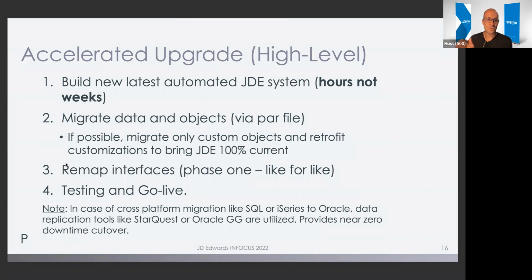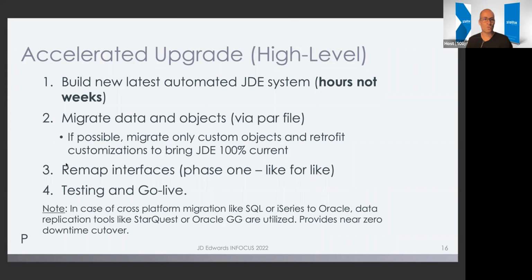So that cuts down on that whole timeline up front that's required to do that traditional setup. Then in terms of actually getting your code across, we take an approach of not doing the traditional upgrade tasks where you would run through a planner and an upgrade plan and move everything using that mechanism. We just take your customizations out of your existing system in a PAR file, as an export file.